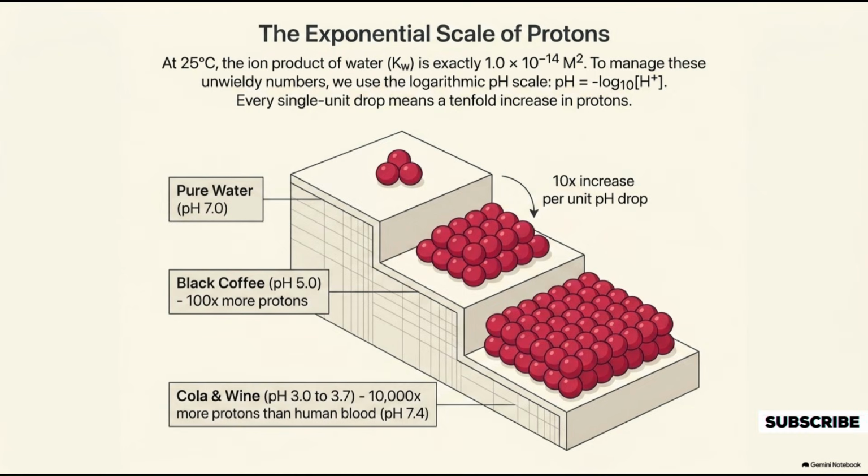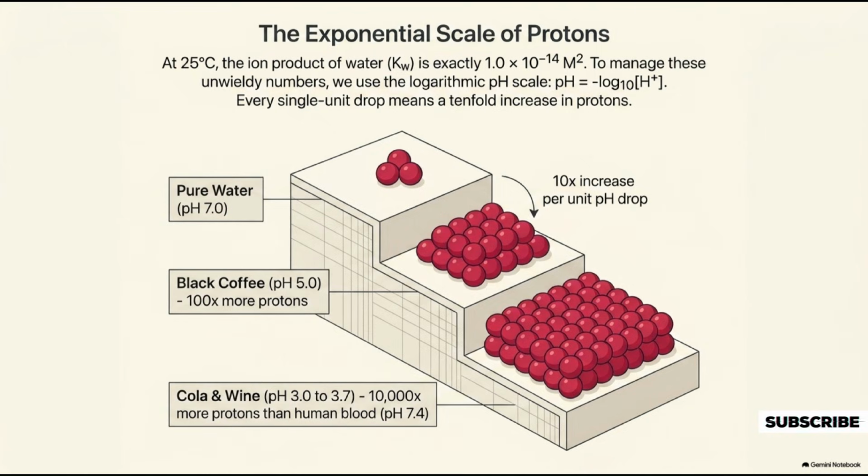To avoid working with such widely varying scientific notation, we use the logarithmic pH scale, where pH is mathematically defined as the negative logarithm of the hydrogen ion concentration. Because the pH scale is logarithmic, each single unit change on the pH scale represents a tenfold difference in the hydrogen ion concentration.